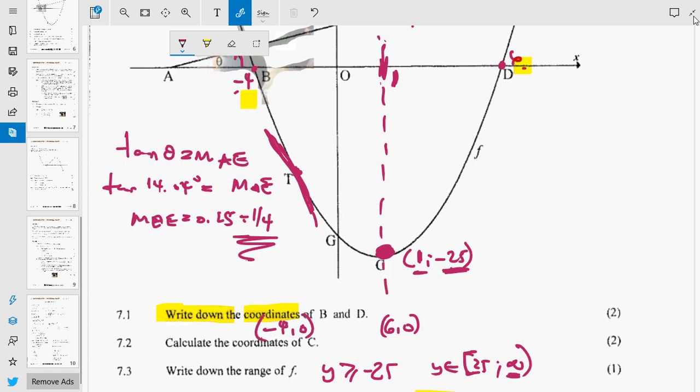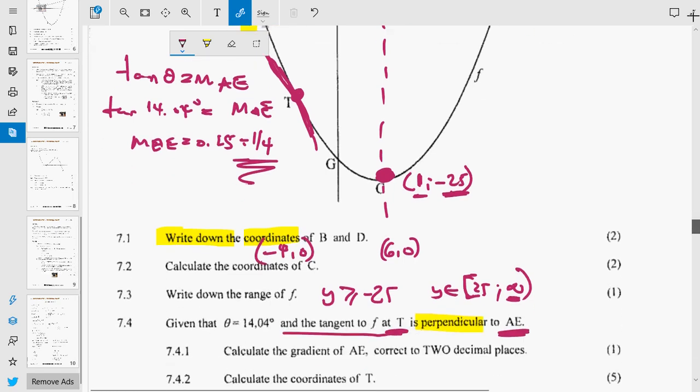Now, this is the point of contact between the parabola and the tangent. Now, what you have to remember for this question is that at the point of contact, the gradient of the tangent will be equal to the gradient of that parabola.